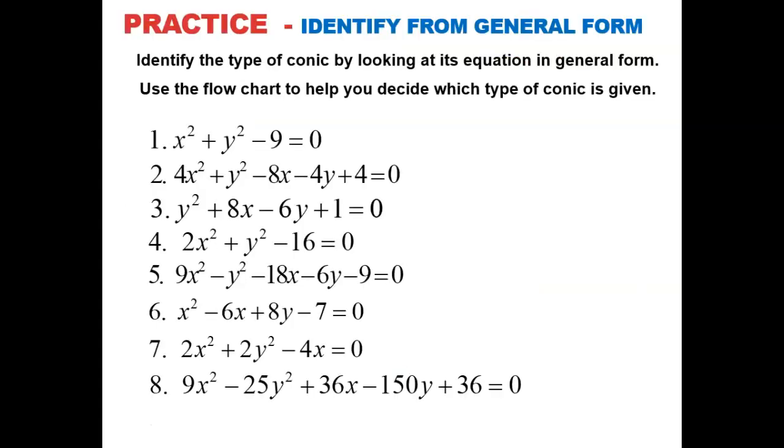So this slide just has some that you can practice. So if I look at 1, x squared and y squared, that would be your a and your b from the general equation, are the same sign with the same coefficient, so that has to be a circle. On 2, we have the same sign but different coefficients, so that has to be an ellipse. On 3, only one thing is squared, so that has to be a parabola.